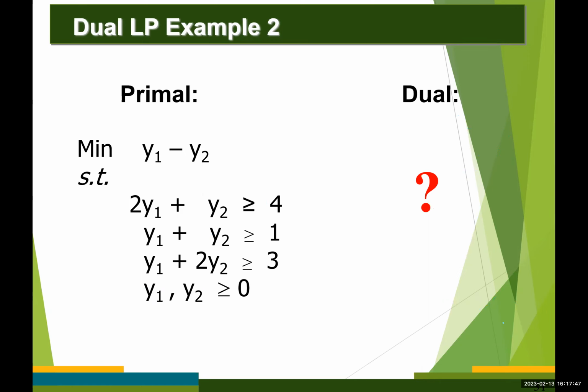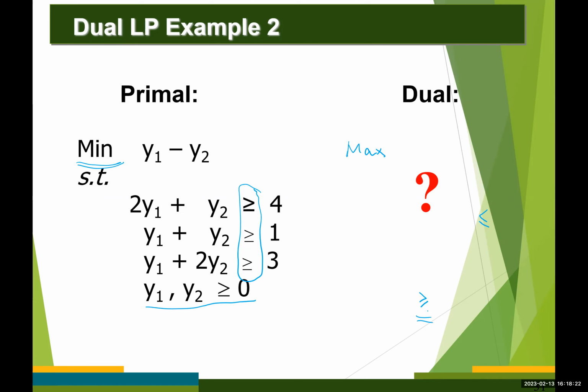Okay, next example is also very easy, because the given LP is the minimization problem with all greater than or equal signs and non-negativity restrictions. So the dual LP must be the maximization problem with all less than or equal constraints, and also each decision variable has non-negativity restrictions. Okay.